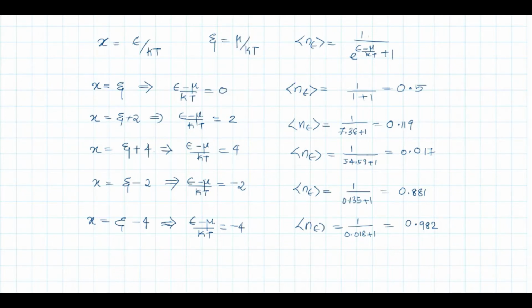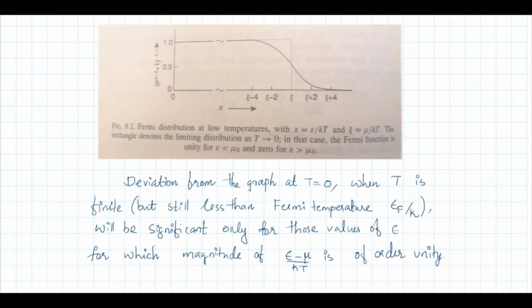Then the occupation number will be e raised to 0, which is 1, 1 plus 1 is 2, and 1 by 2 is 0.5. So if you look at the graph for T greater than 0, at x equal to theta, the value is 0.5.